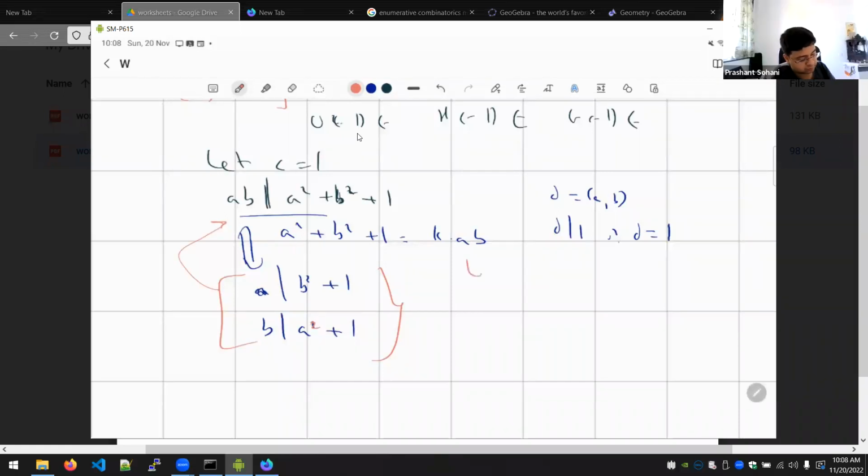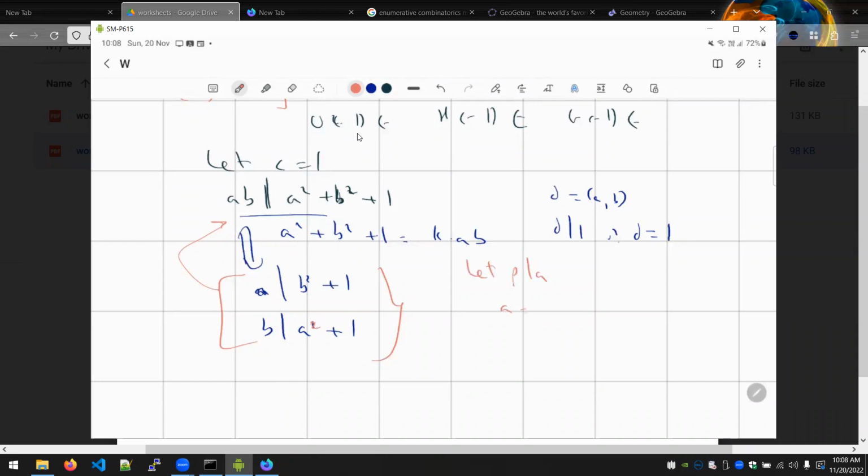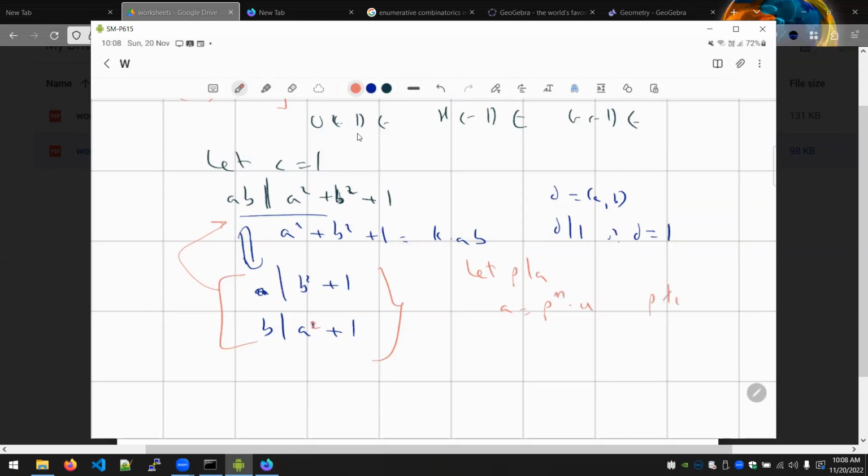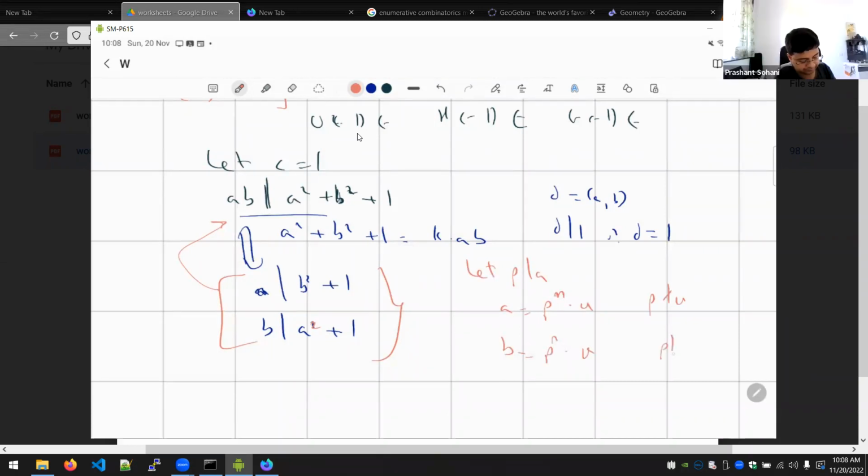So let a be equal to p raised to m times u, and p does not divide u, and b is equal to p raised to n times v. Here n is greater than or equal to 0 because it can also be 0, and m is greater than or equal to 1.